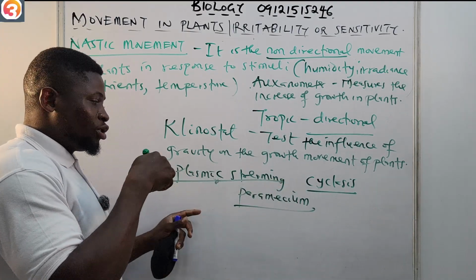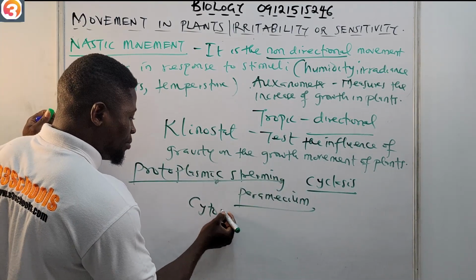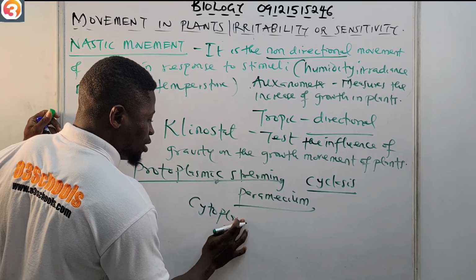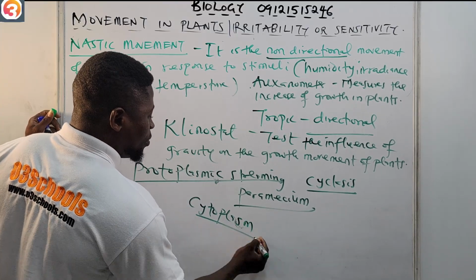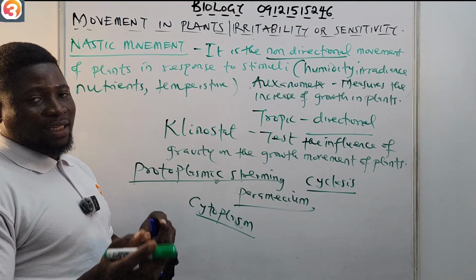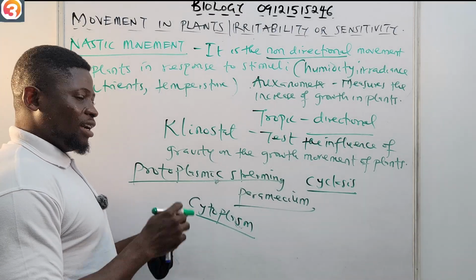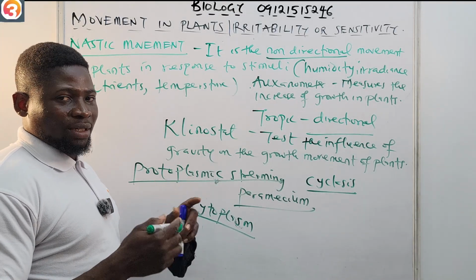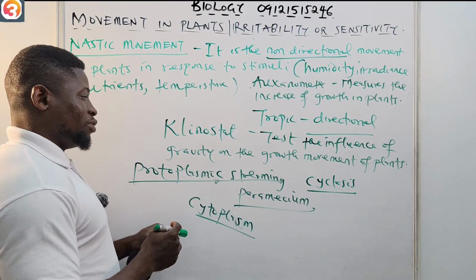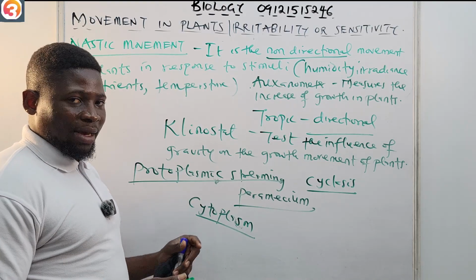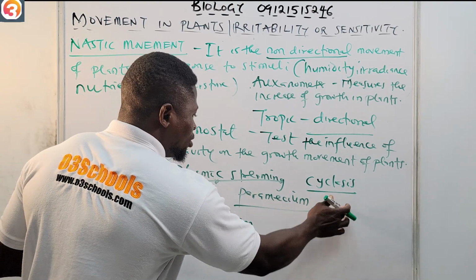The cytoplasm of the paramecium moves from one part of the cell to the other, and this helps to distribute material within the cell. So protoplasmic streaming is another type of movement, also called cyclosis.